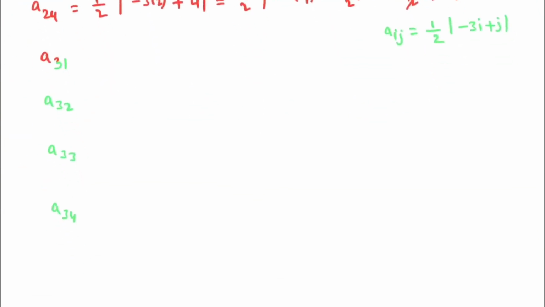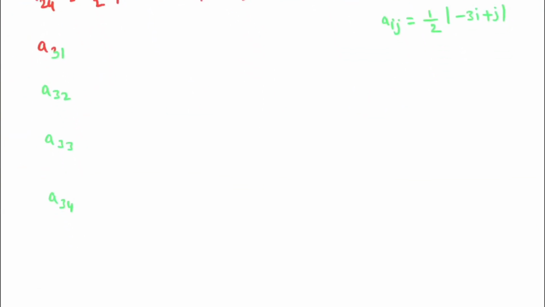Right, so calculate A31. 1 by 2 into modulus of minus 3 into, in place of i, you need to write 3. In place of j, you need to write 1. Minus 3 into 3 plus 1. That equals 1 by 2 into minus 9 plus 1, that is minus 8. Modulus of minus 8 is 8. 8 by 2 is 4.